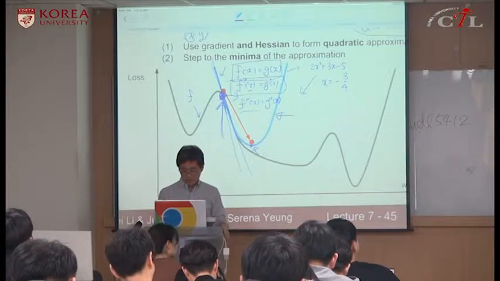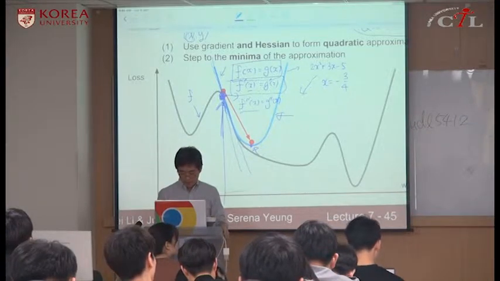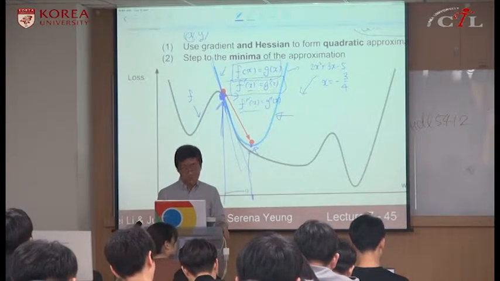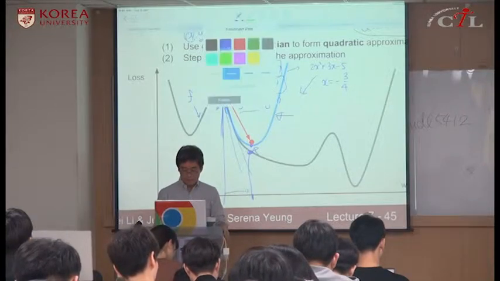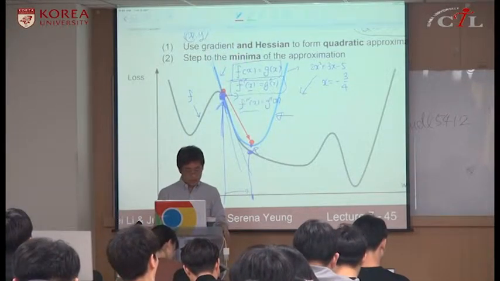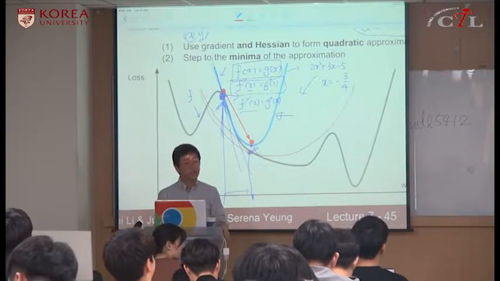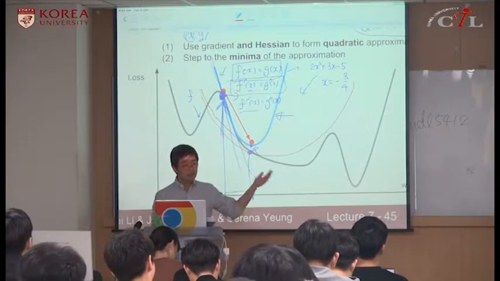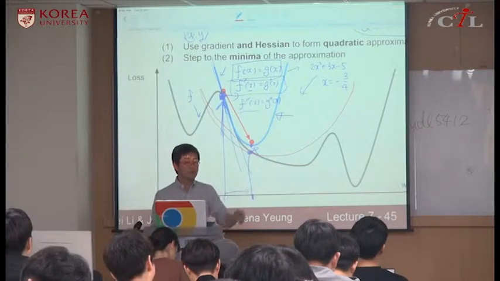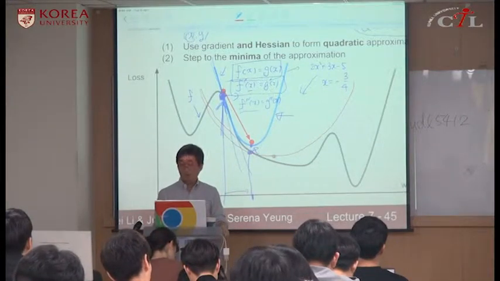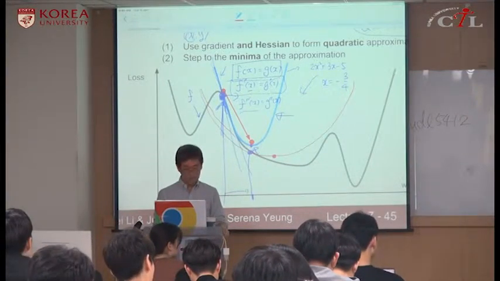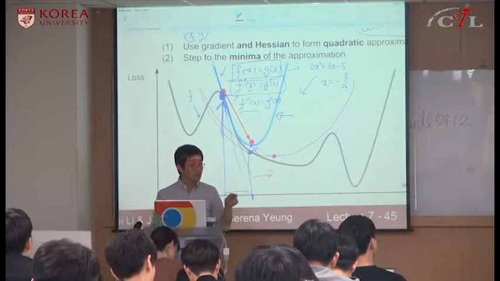So we moved from here to here, and our function is over here, and our second order approximation will be something like this, right? To match the function value itself and the first and second order derivatives, and then the minimum point will be somewhere around here, right? So we jump to that point directly.